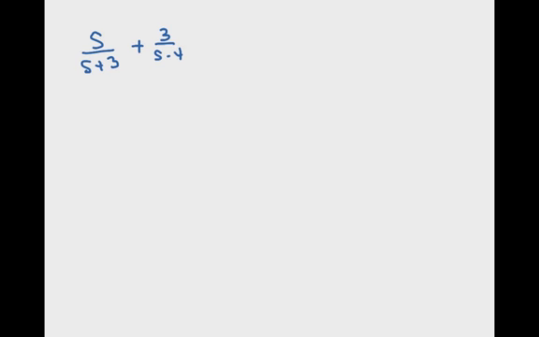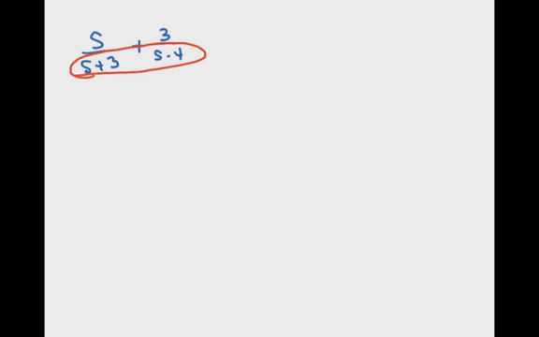We have s over s plus 3 plus 3 over s minus 4. First we check to see if our denominators are the same, and they are not. S plus 3 and s minus 4. We cannot simplify those down at all or find any prime factorization.